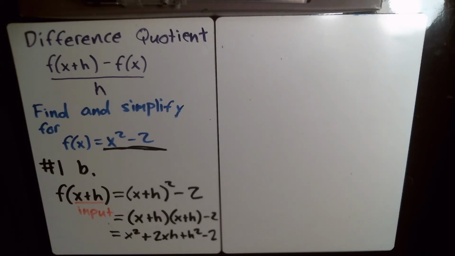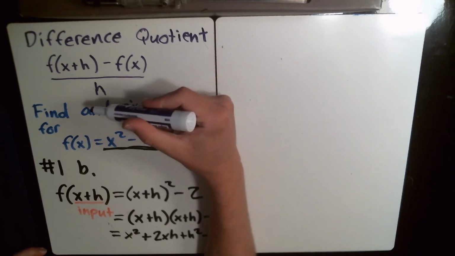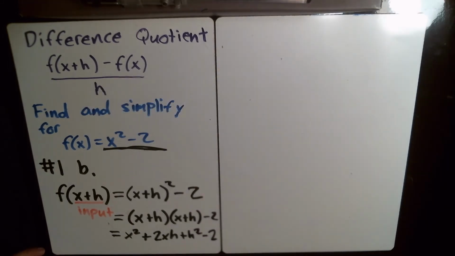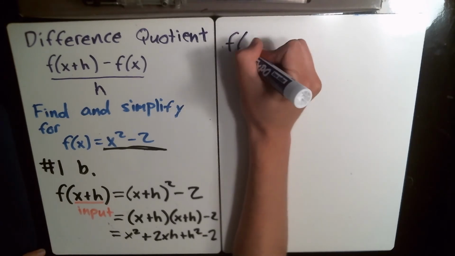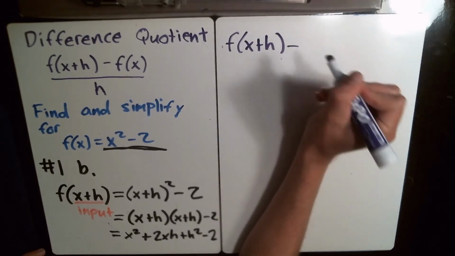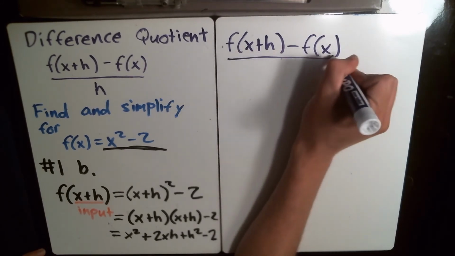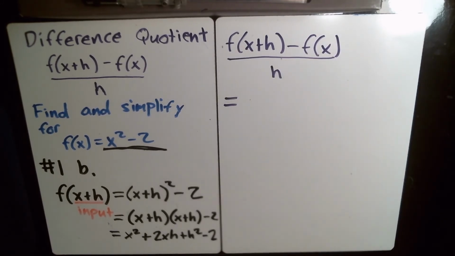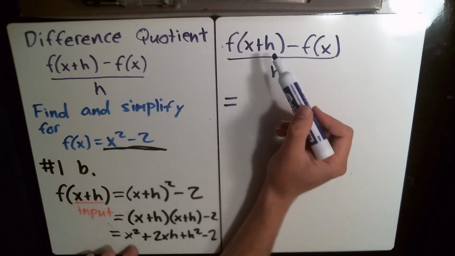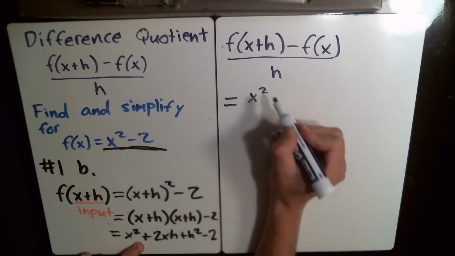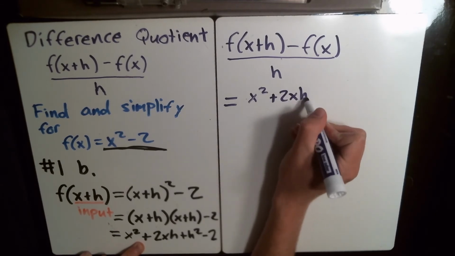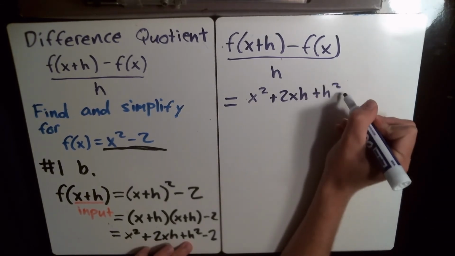Okay? So this is one piece of the difference quotient. It's the f of x plus h part, okay? And so now that we have it, we already know f of x, and h is just h, so we can actually figure out what this difference quotient is. So for this function, f of x plus h, we figured out was this, so we're going to plug that in. x squared plus 2xh plus h squared minus 2.